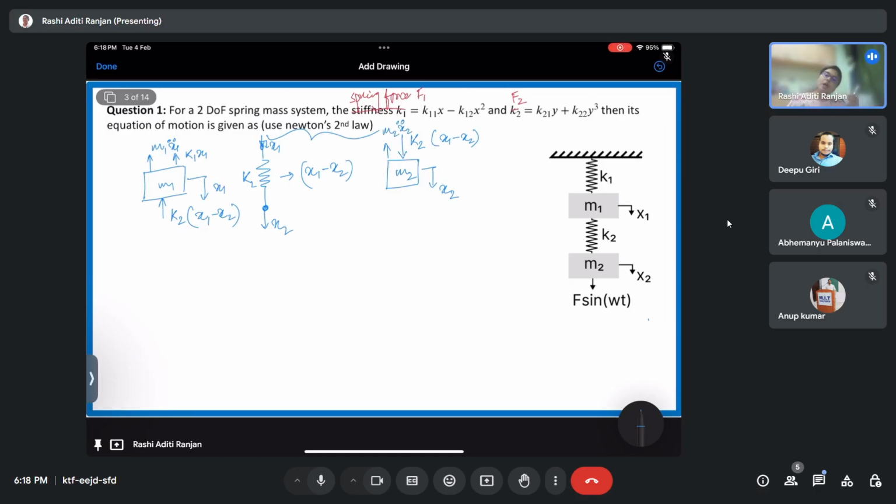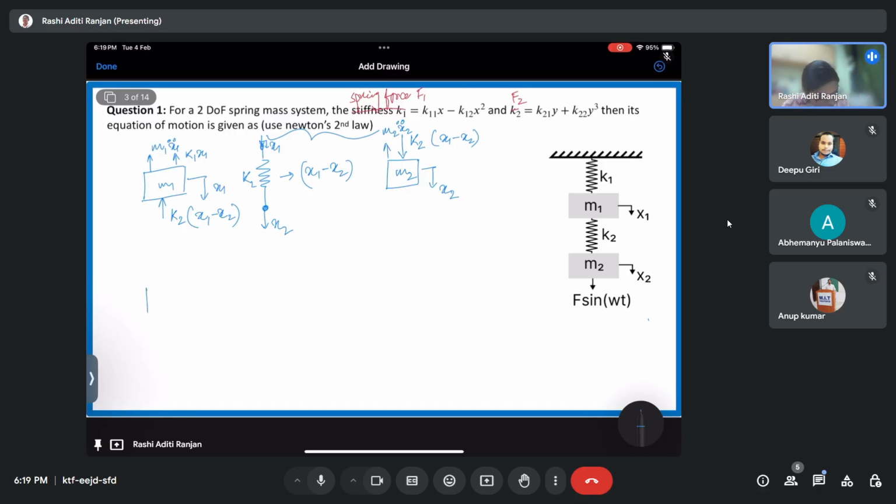Okay, so now I can get the equation of motion. But what do I have to do? I have to consider the nonlinear spring force, right? So what will I do? I will simply replace whatever my spring force is with the spring force that is already given in the question.